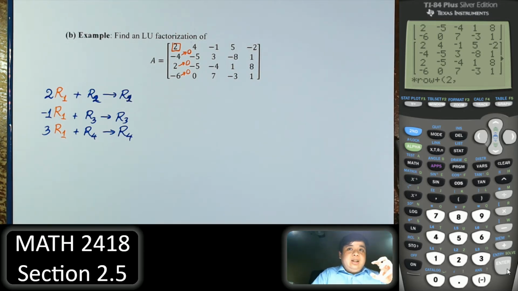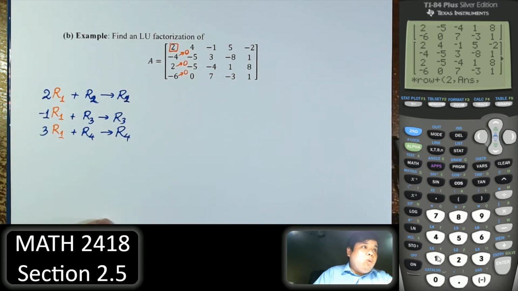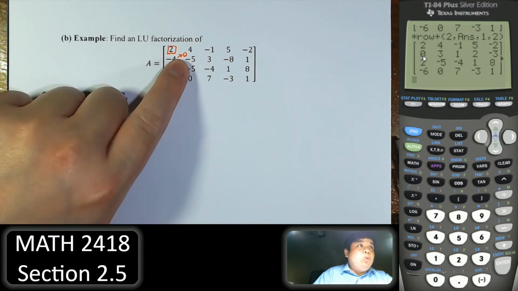When we hit enter, the last result is stored into answer. So we're going to hit second answer. That means the last result, we're going to recall that. Hit second, that negative sign. And then we multiply 2 into row 1 and add to row 2. Right? And of course that turned into 0, which is good.